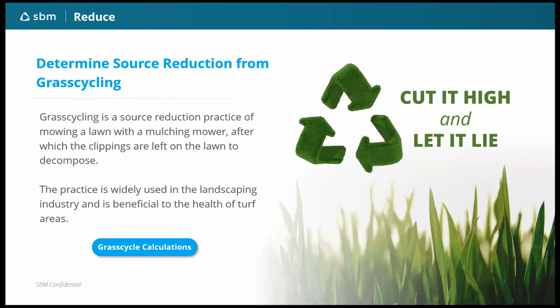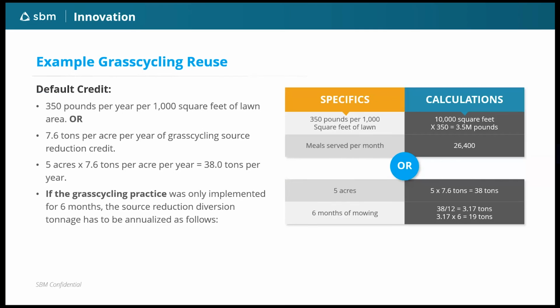Lastly, I want to talk about grass cycling. This is something that is missed by a lot. If you click on this calculation, you will be able to go to CalRecycle, and they've got a great calculator in there about grass cycling, or you can go to calrecycle.gov and do a search for grass cycling. It's a great process. The key to this is documenting how often you mow.